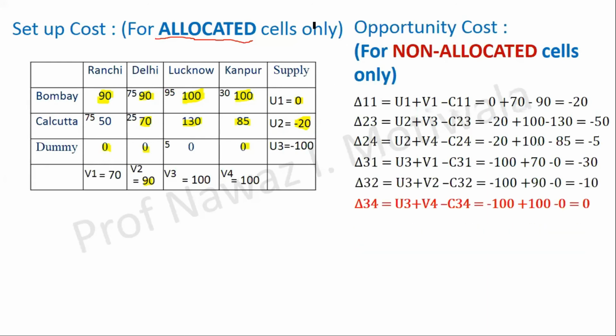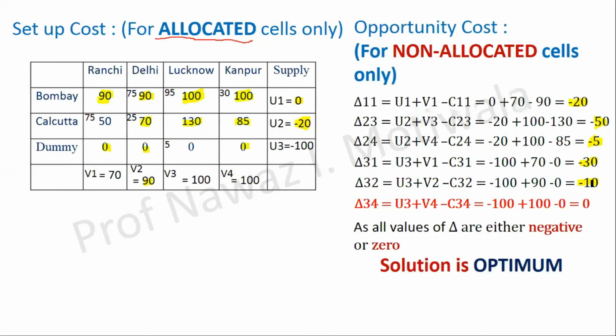There you can see all the values of opportunity cost are either negative or 0. So if it is either negative or 0, what is our conclusion? Our conclusion is, as delta values are either negative or 0, the solution is optimum. That means whatever we have found out by initial basic feasible solution is the only minimum answer.